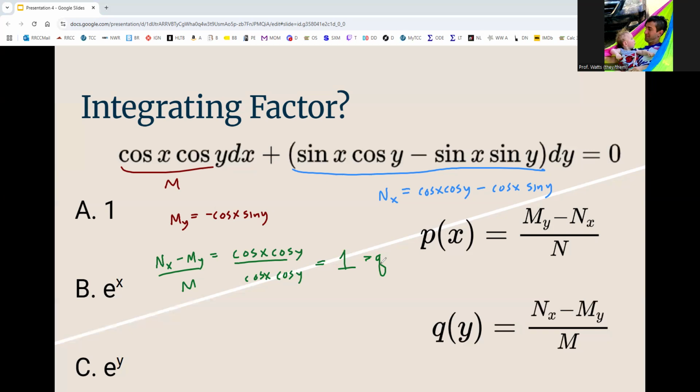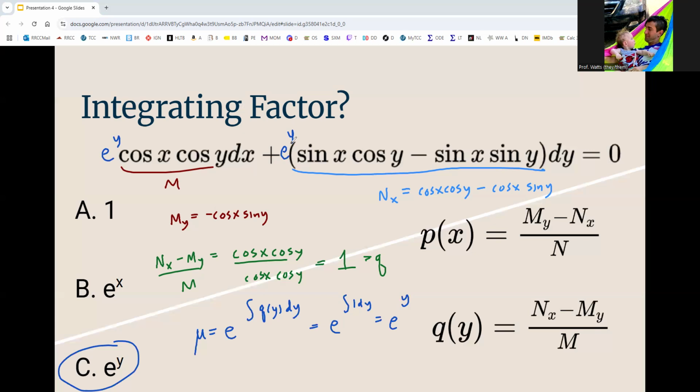You might have to do some trig or algebra simplifications to make this only appear as a function of one variable. You hopefully remember that this is just the start of the integrating factor. The actual integrating factor is e to the integral of p or q. Since it's q, it's an integral with respect to y, and the integral of 1 dy is y. So we would multiply the differential equation by this integrating factor, and that would make it exact.